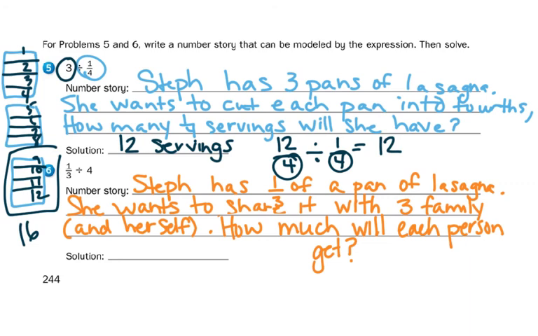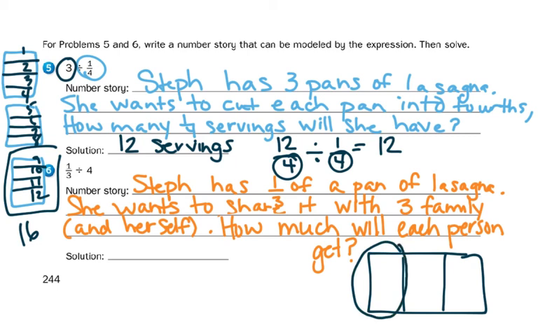Again, I could draw a picture. She only has 1/3 of a pan, and she has to divide that 4 ways. So now all of a sudden she has 1/12, 2/12, 3/12, and 4/12. She now has enough for each person.